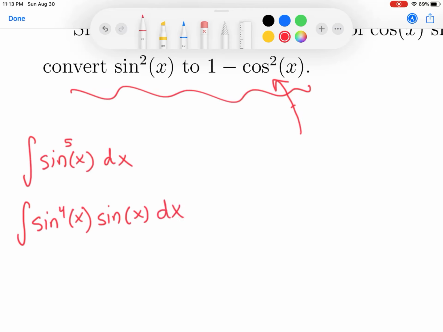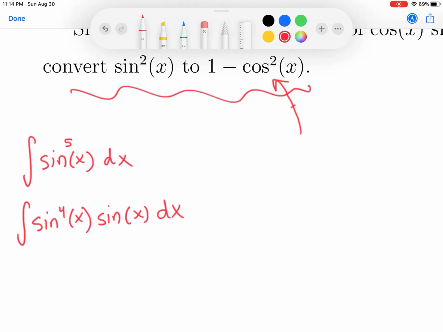Cool. So now that I've done that, I'm going to rewrite my sine to the 4th. Why am I doing that? Because if you notice, this identity up here is in terms of sine squared. I don't quite have a recognizable, clear sine squared right now. So let's rewrite sine to the 4th. Let me erase my blue lines here.